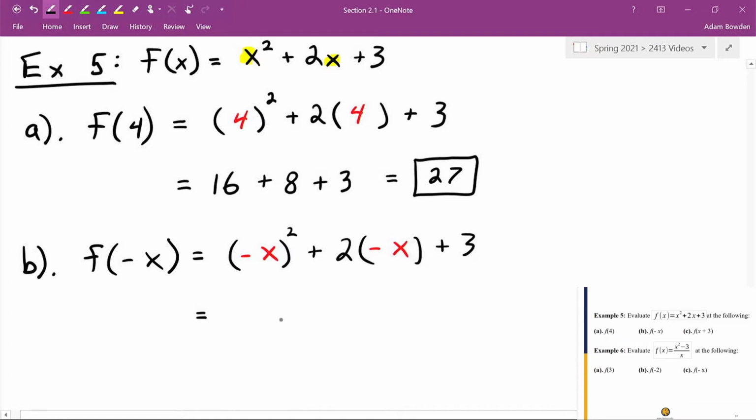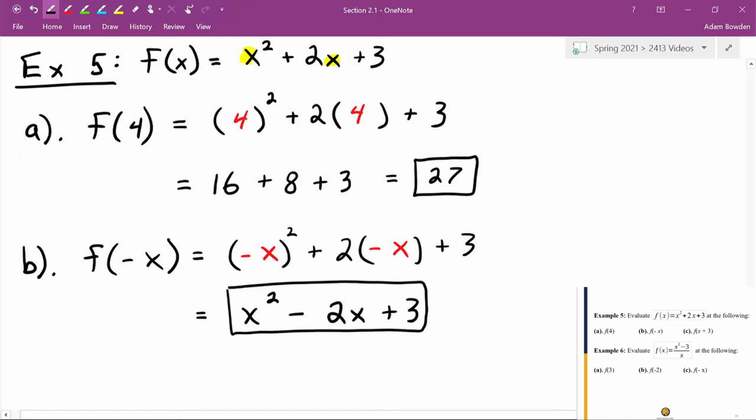Negative x raised to the second power is going to turn back into positive again, because when we square a negative, it turns into positive. So it's just going to go back to positive x squared. Then the next term would be negative 2x, and then finally the plus 3. That would be f of negative x.